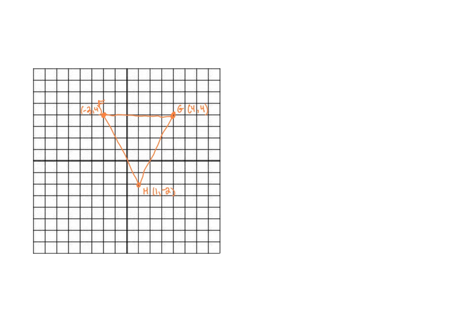Because if we know that this line right here, that segment FG is a part of, is the line y equals 4, then the altitude that runs perpendicular to that is going to be a vertical line, and it is the vertical line of x equals, and it'll be the x coordinate of point H, which is 1.